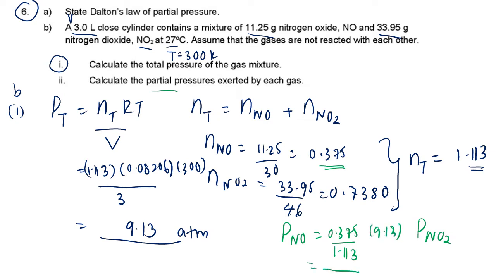So you will get the partial pressure of nitrogen monoxide in atm. The same method is used to calculate the partial pressure of nitrogen dioxide. Note that the partial pressure of nitrogen monoxide plus the partial pressure of nitrogen dioxide is equal to P total.